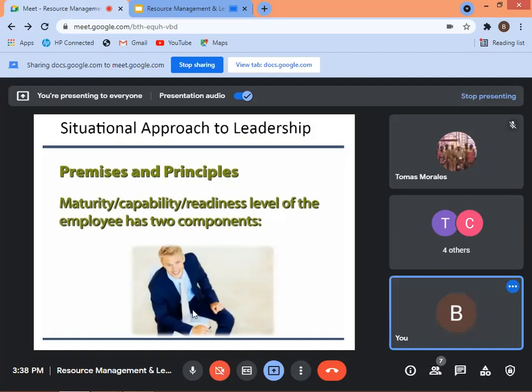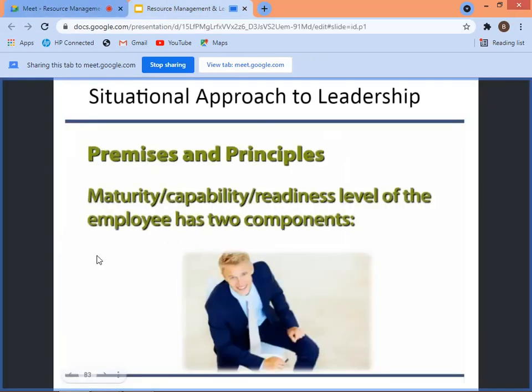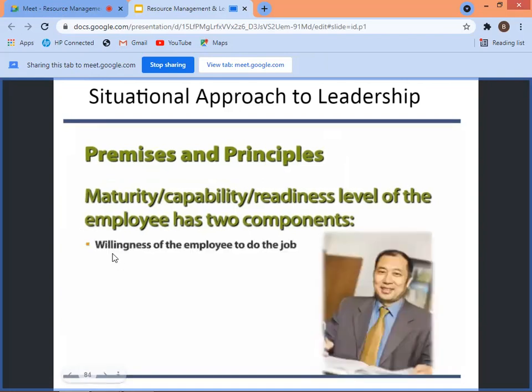Okay, so now let's talk about maturity, capability, readiness level of the employee. There are two components. One is willingness of the employee to do the job.